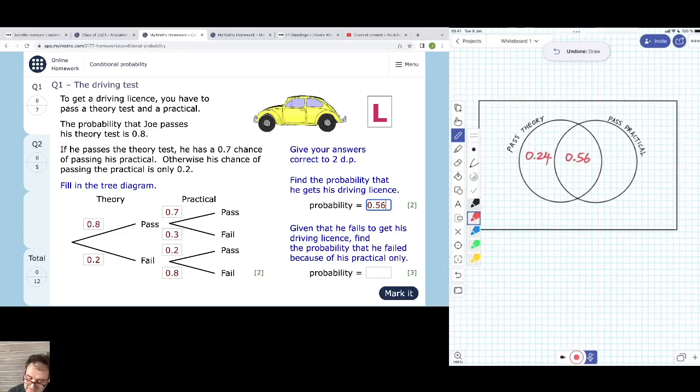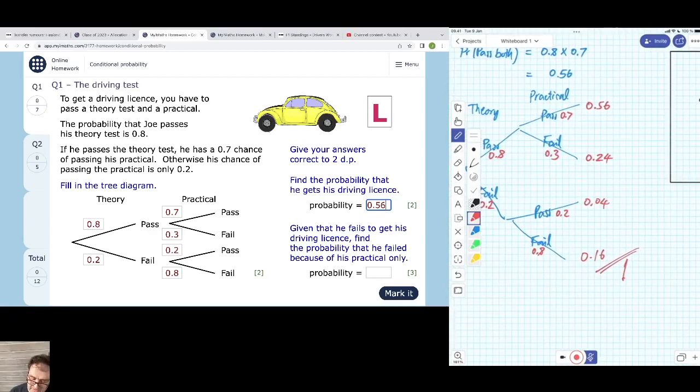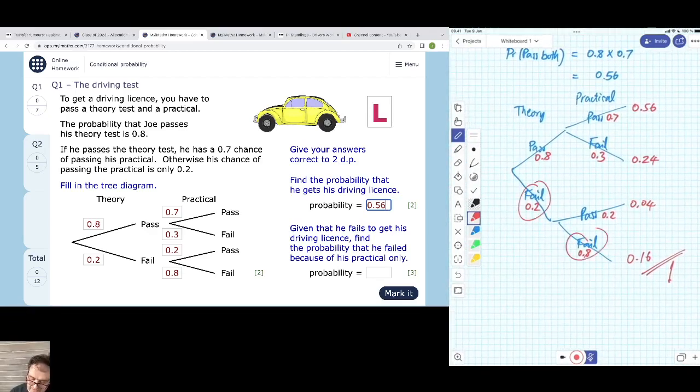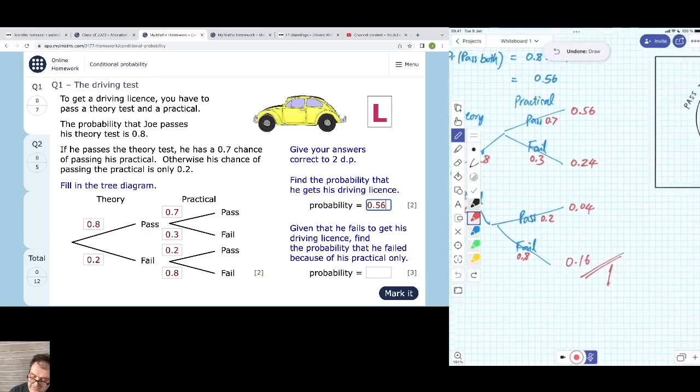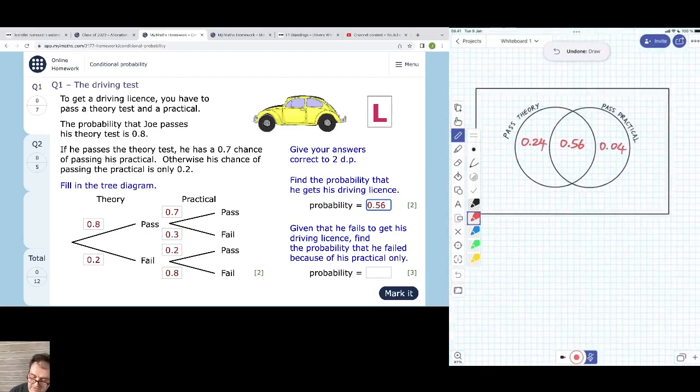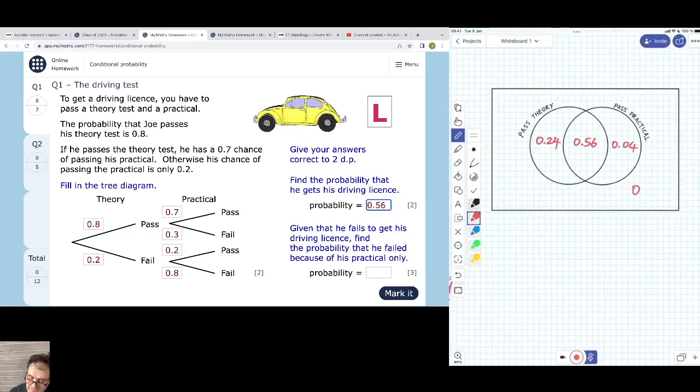0.04 in that bit. And then finally he could fail both, and that was 0.16. So let's just put 0.16 there.